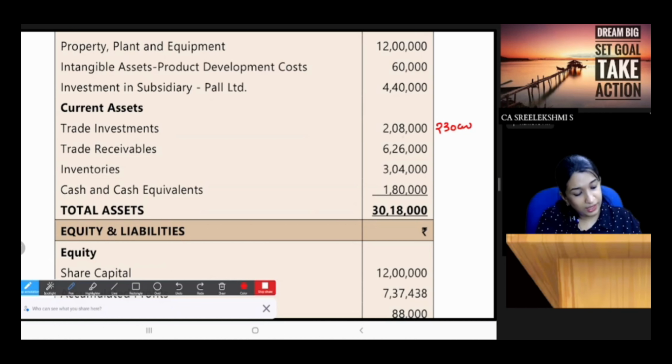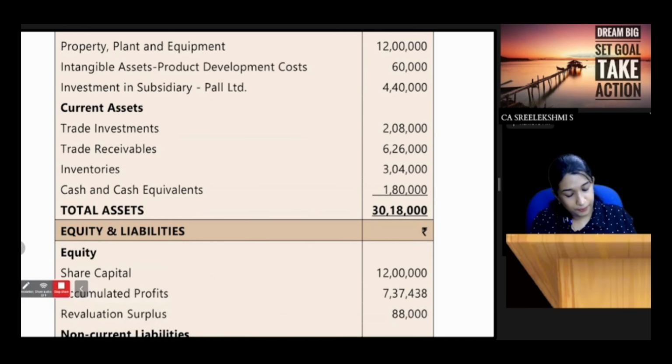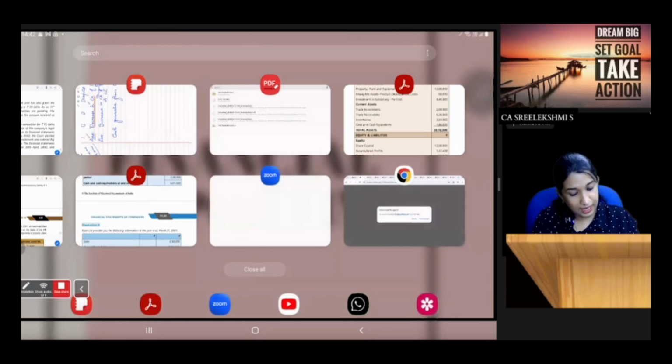But the trade investments appear at a book value of 2,08,000. So the carrying value of the asset is less. This results in a deductible temporary difference. So 2,08,000 minus 2,30,000, on 22,000 DTA has to be created.